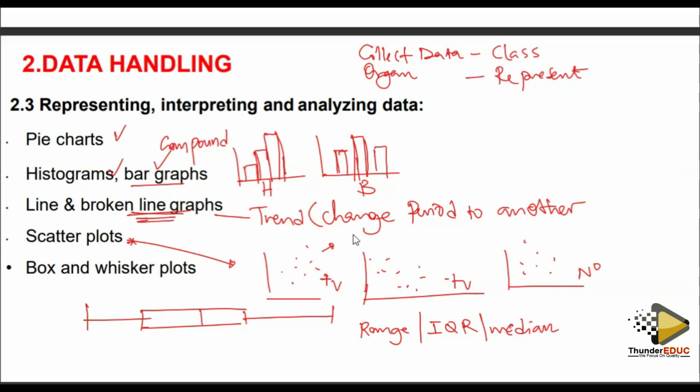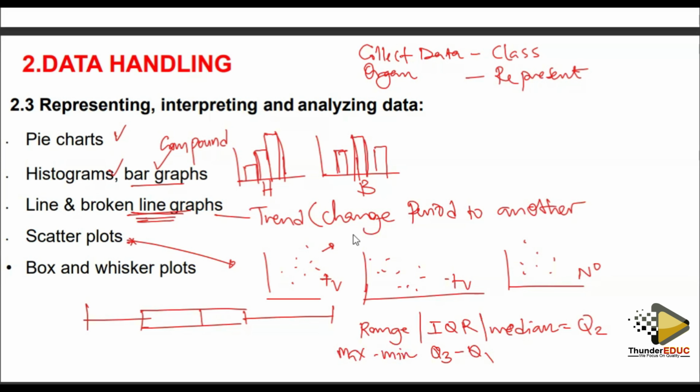Nothing like mean, mode, no. Median is the Q2. IQR is Q3 minus Q1. Range is maximum minus minimum.